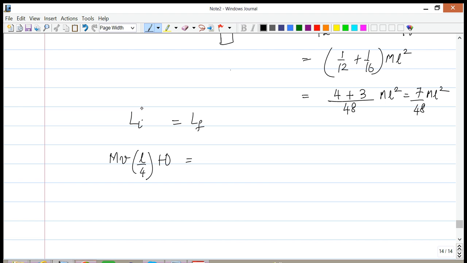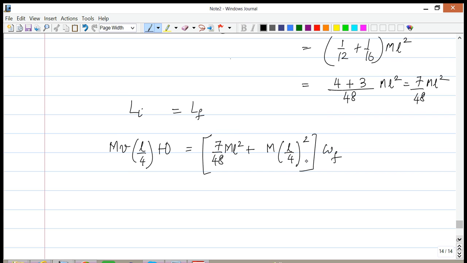And then at the end, we have the total angular momentum of the rod, which is 7 over 48 m L squared, plus the moment of inertia for the putty, which is m times L over 4 the whole square, and we multiply this by omega f.